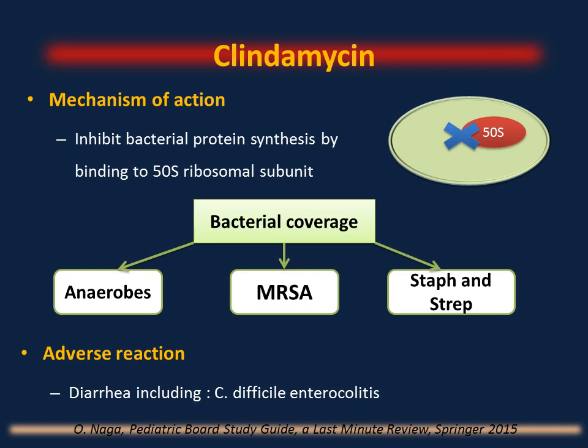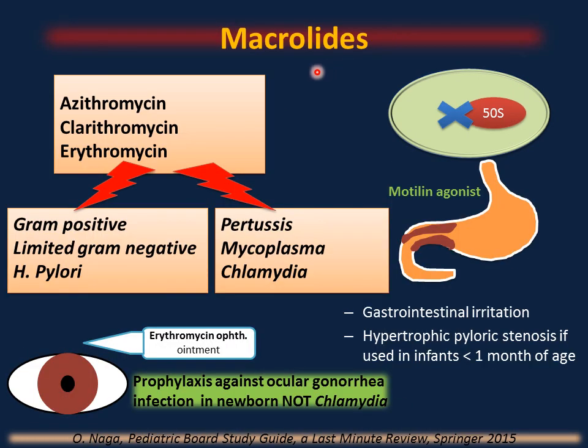Macrolides are very common, very high yield. They inhibit protein synthesis in the bacteria by binding to the 50S ribosomal subunit, and they inhibit the growth of the bacteria, and the immune system will clear the bacteria. They are bacteriostatic. Azithromycin is available now in oral and IV, clarithromycin in oral, and erythromycin in oral and topical for eye infections.